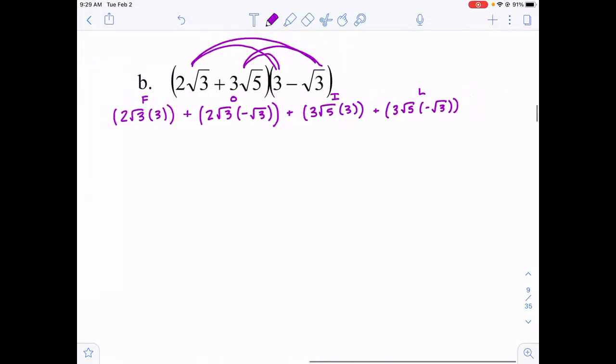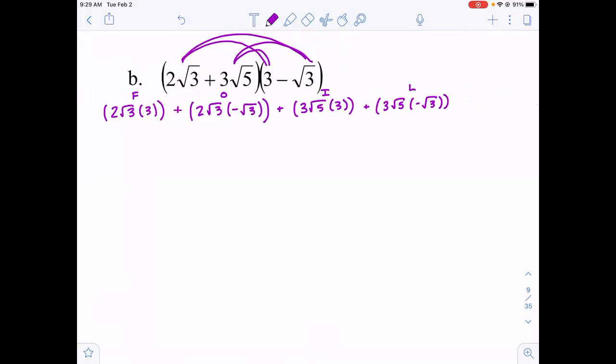So it looks rather complicated, but it's pretty easy to do this. Now multiply the things that we're able to multiply together. So here I can multiply my 2 and my 3. So this simplifies to 6 root 3. I have a plus and a minus, so this is going to be minus now. So 2 square root of 3 times the square root of 3 is the square root of 9.